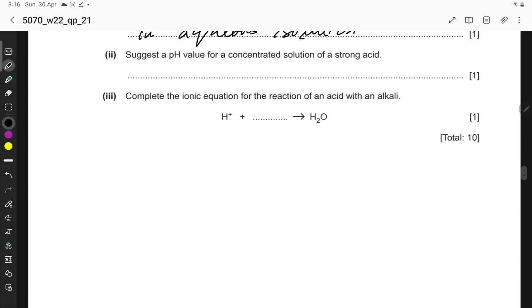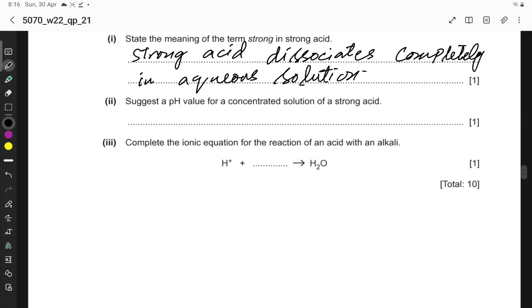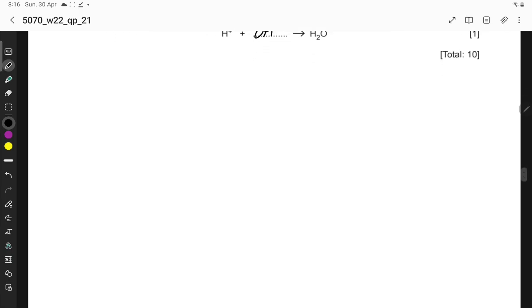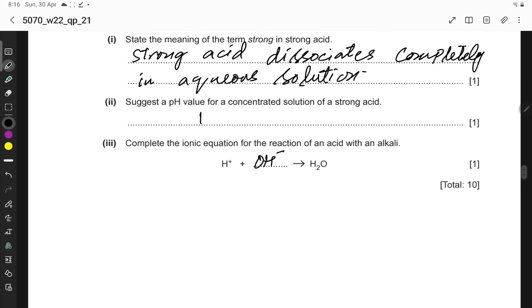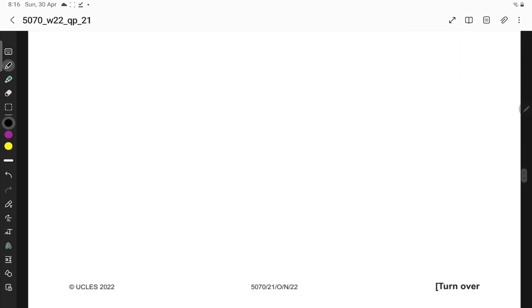Suggest a pH value for a concentrated solution of strong acid. pH of strong acid is 1, and H positive reacts with OH negative to form water. This is the neutralization reaction, a typical neutralization reaction of an acid with an alkali.